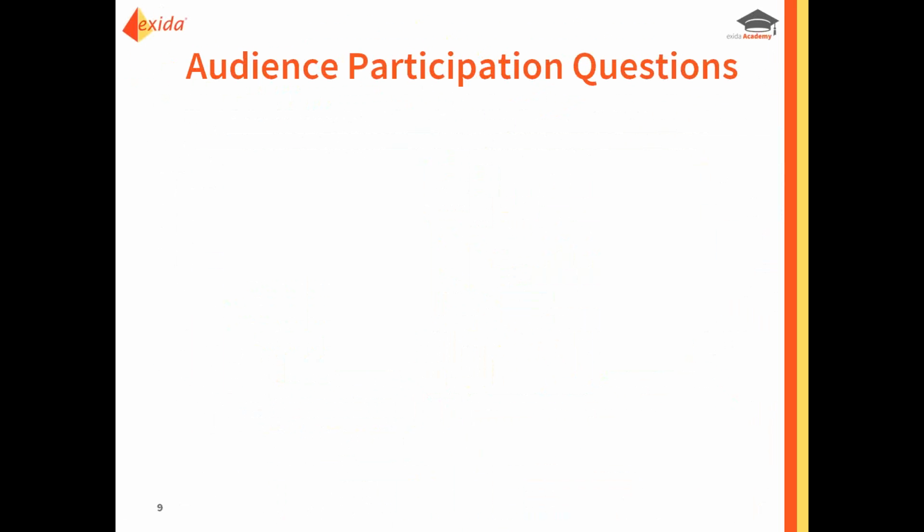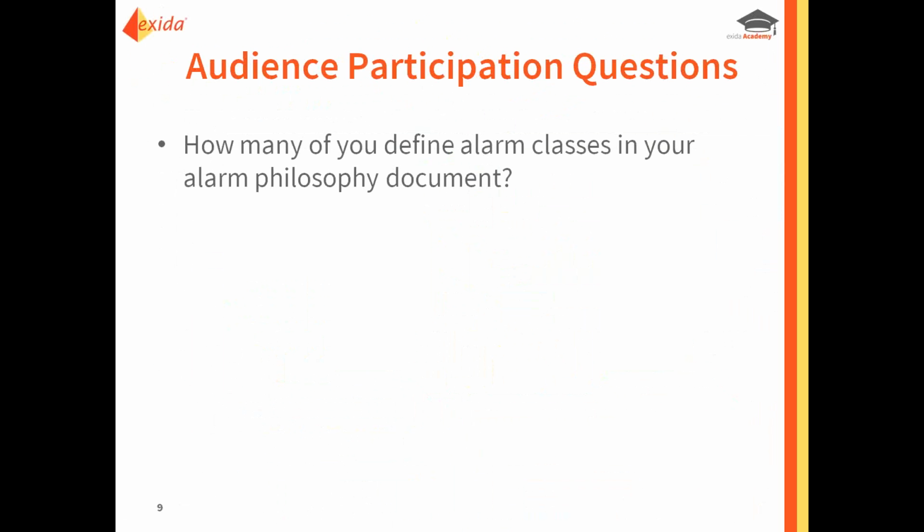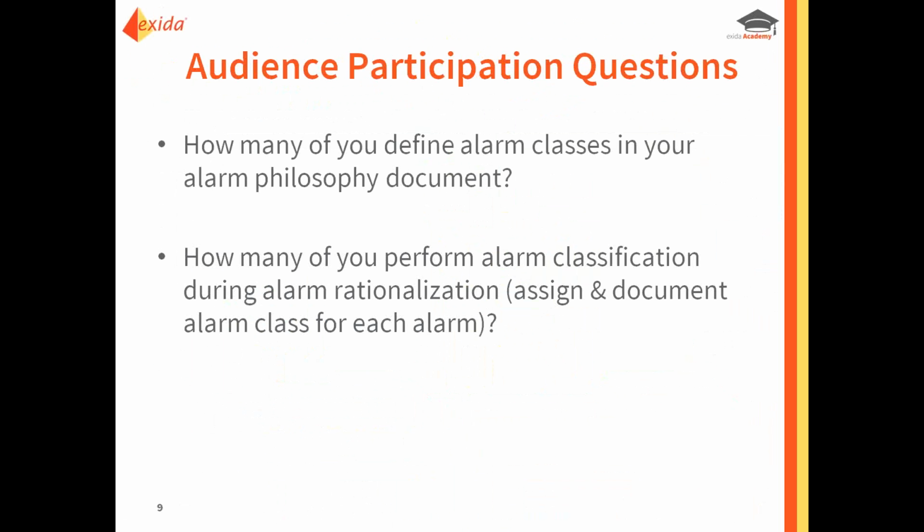So on that note, let's move on to some audience participation questions related to classification for alarms. I'd be interested in knowing how many of you have defined alarm classes in your alarm philosophy document. How many of you have performed alarm classification during the alarm rationalization process?